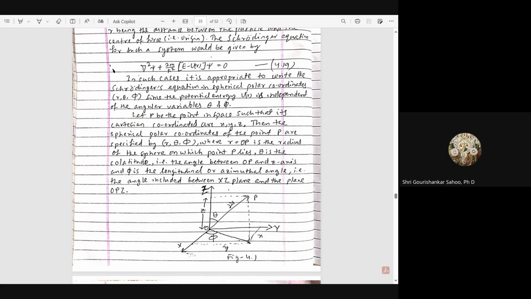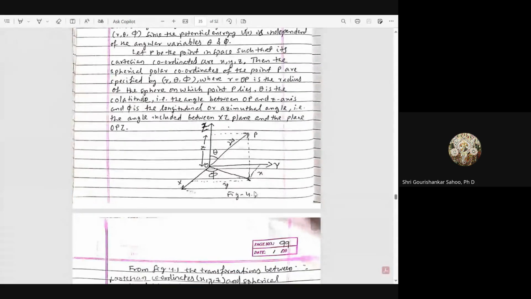Then the spherical polar coordinates of the point P are specified by r, θ, φ, where r is the radius of the sphere on which point P lies, θ is the co-latitude, that is the angle between OP and the z axis, and φ is the longitudinal or azimuthal angle, that is the angle included between the xz plane and the plane OPZ.